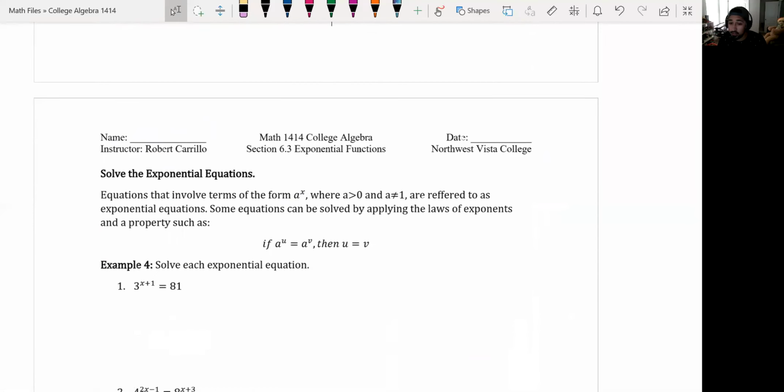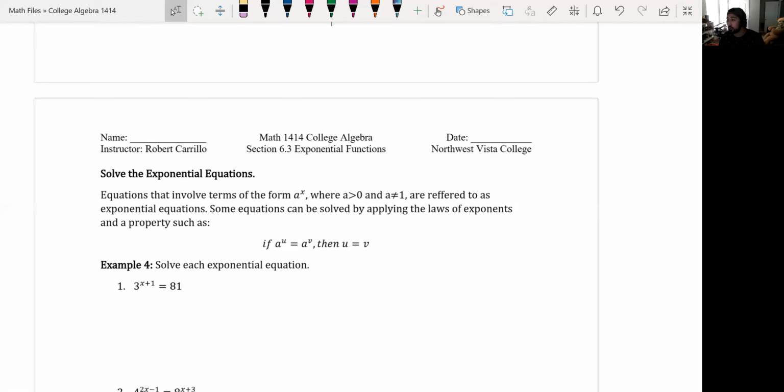Okay, now the fun parts. Solving exponential equations. Equations that involve terms of the form a to the x, the exponential function, where the base is greater than 0 and not equal to 1, are referred to as exponential equations. Some equations can be solved by applying the laws of exponents and a property.